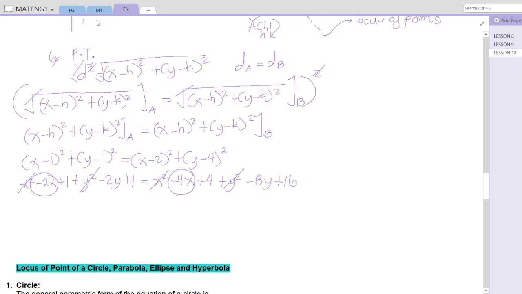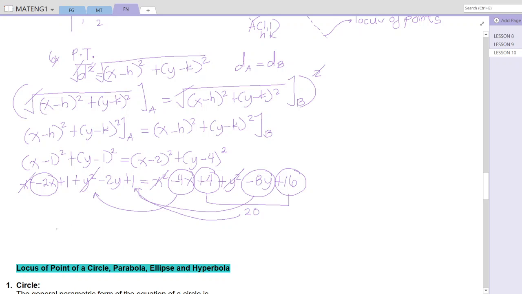So we transpose this one to the left side of the equation so that it will become positive 4x, and the same with negative 8y, transposing that one, it will become positive. And for the constants, that is 16 plus 4, so that is 20. Transposing to the left side of the equation, it will become negative 20, and then plus 1 plus 1, so that is equal to negative 18.